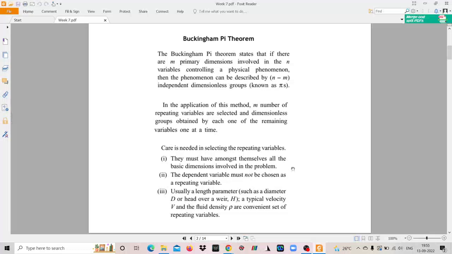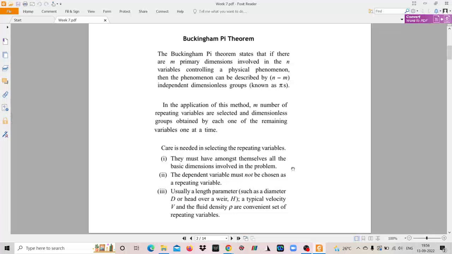The second part of Buckingham's pi theorem, and the most confusing part, is how to select the repeating variables. For selecting the repeating variables, there are certain rules. The first rule is you never select the dependent variable as the repeating variable. The second rule is the repeating variables must be so chosen that all the fundamental dimensions relevant to the problem under consideration must be contained within these repeating variables.